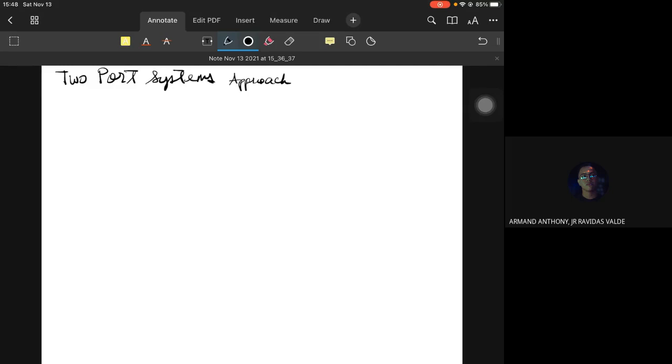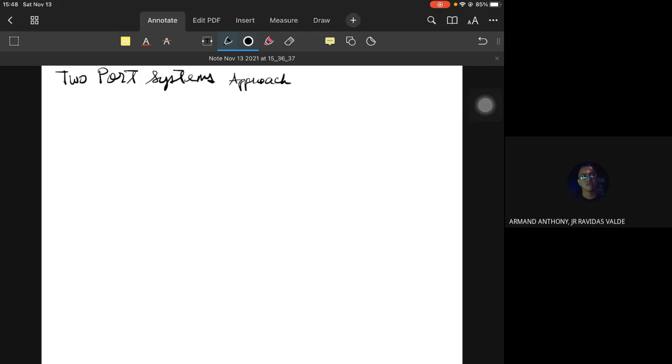So, this afternoon, this will be our topic, two-port systems approach. If I remember, last time we ended with the amplifier parameters of a fixed bias configuration.